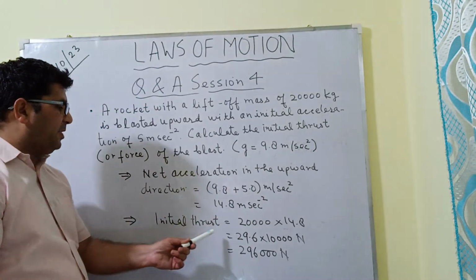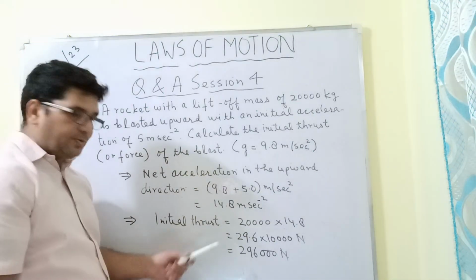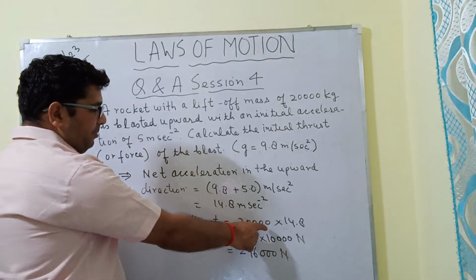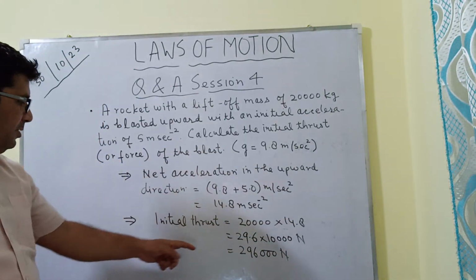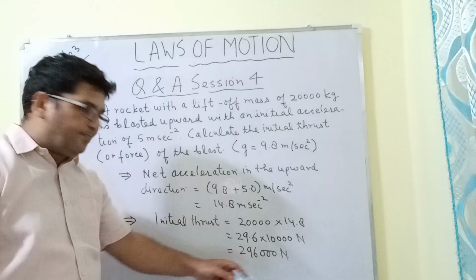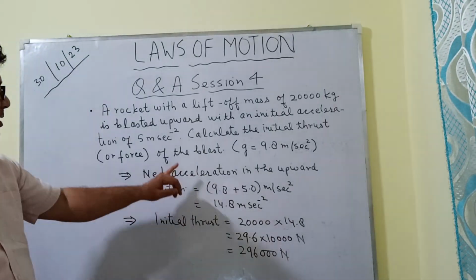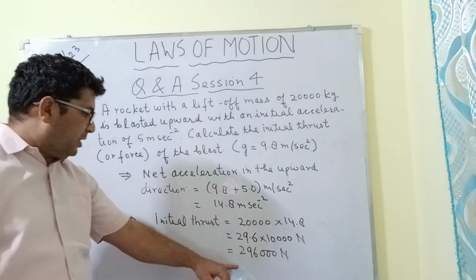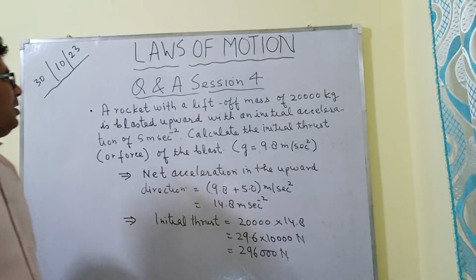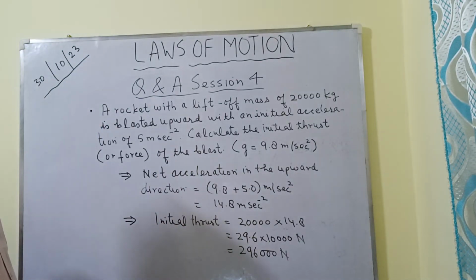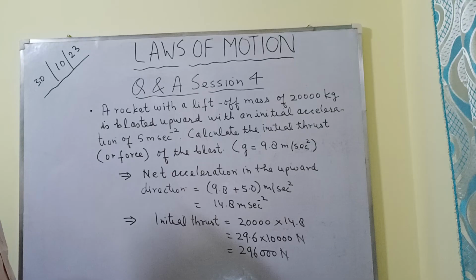So the initial thrust or the force is mass into this net acceleration, and finally the answer is 296,000 newtons. So the initial thrust or the force of the blast is equal to 296,000 newtons.